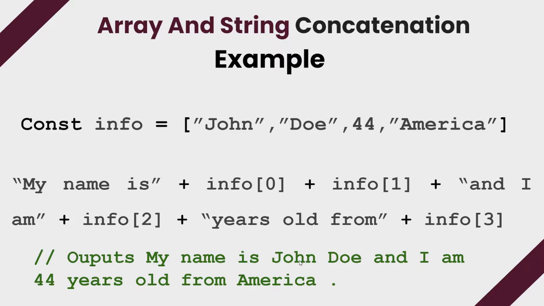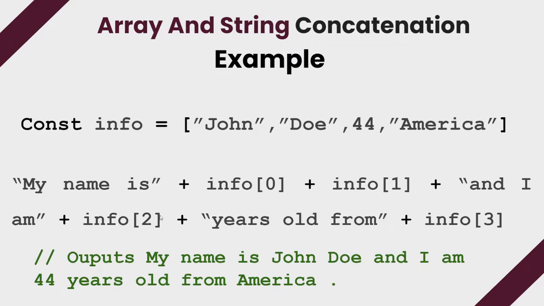So you can see that the arrays here, they have items which do not have keys, but they can be referenced with the indexes. So the element in this array, which is John here, the first element, it has the index of 0, and the Doe here has the index of 1, and 44 the index of 2, and America the index of 3.